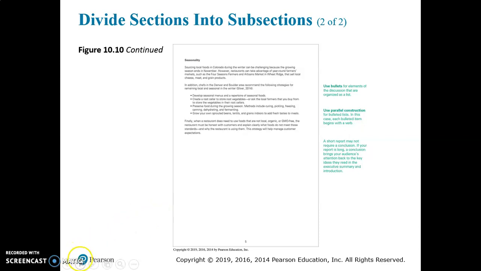So this is the basic format of the business report. And by the way, the green type in the margins next to these figures is really good, because it explains not just what you're looking at, but also the reasons it's there.